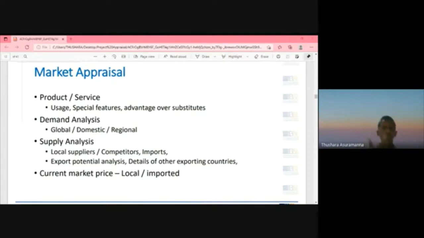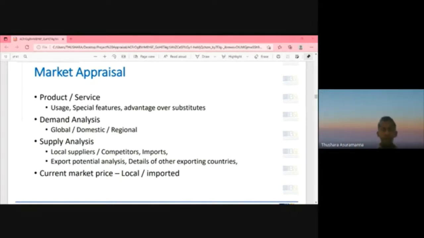When you are undertaking this market appraisal, obviously you may need the product life cycle, BCG matrix, Ansoff matrix, Porter's five forces. There are so many models that we can find, and you use those to assess the market feasibility and viability. For example, when undertaking Porter's five forces, we found it's a highly competitive market.